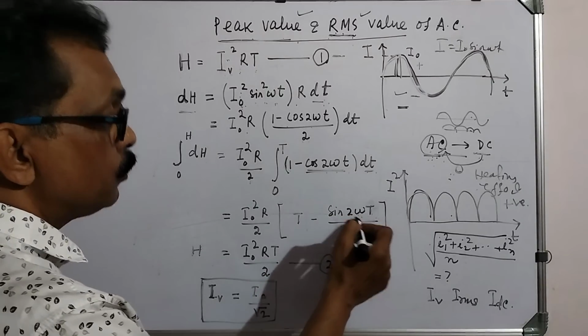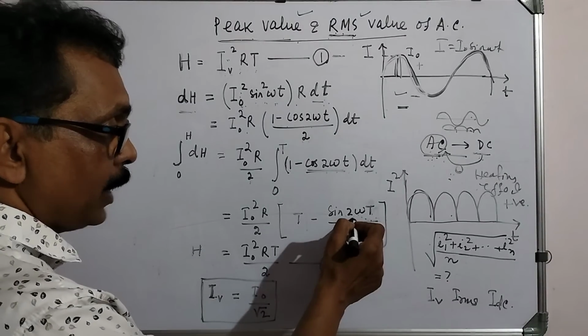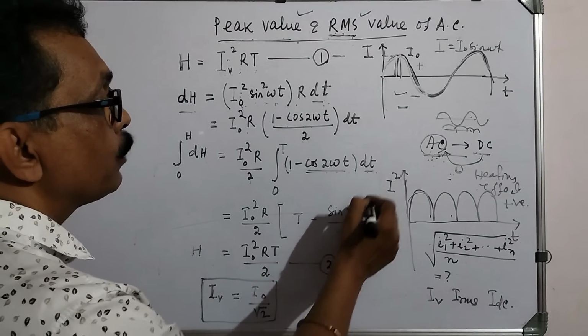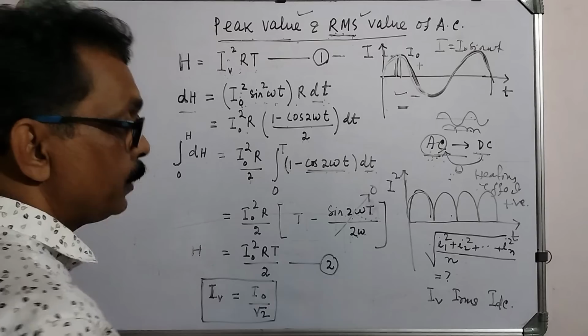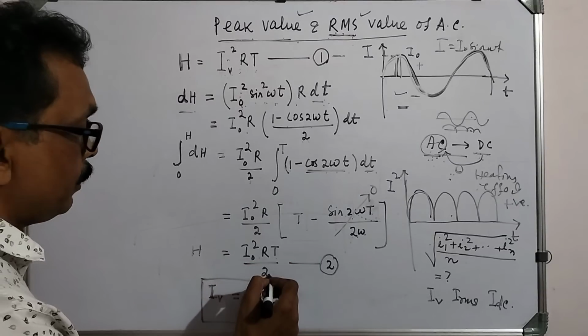As you know, omega T is equal to 2 pi, so this will be equal to sin 4 pi, and sin 4 pi will be equal to 0. So this factor will be 0, and your result will be equal to I0 squared RT divided by 2.